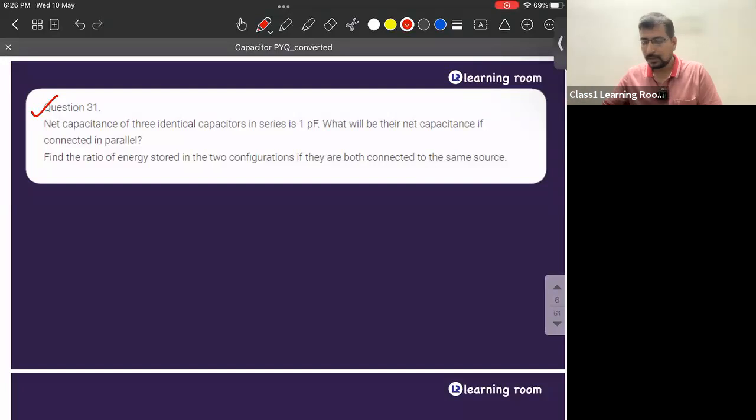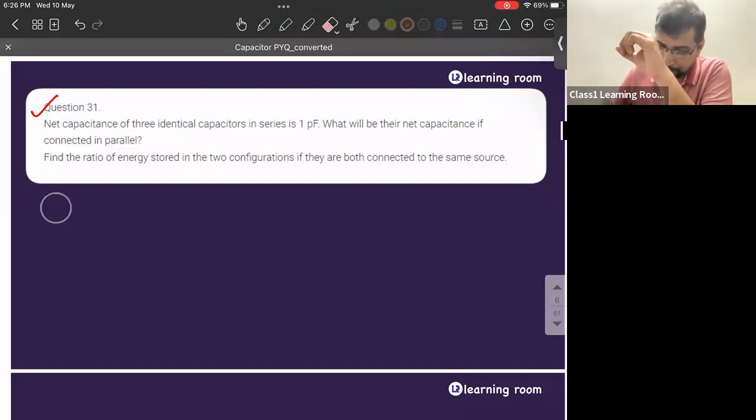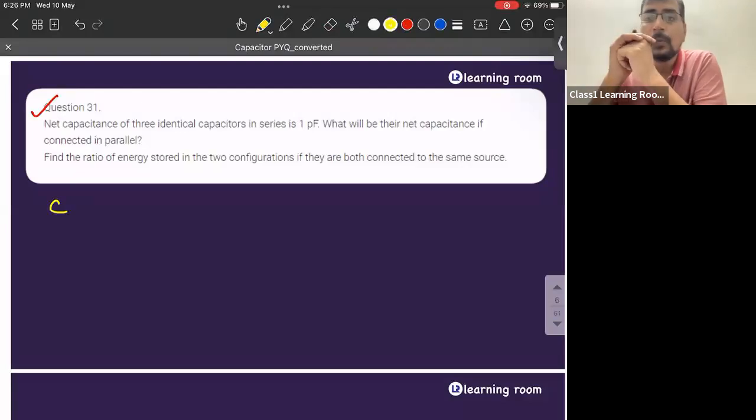So let's say the capacitance of each of the three identical capacitors is C. Whenever three capacitors of equal value are connected in series, their capacitance becomes C divided by 3.